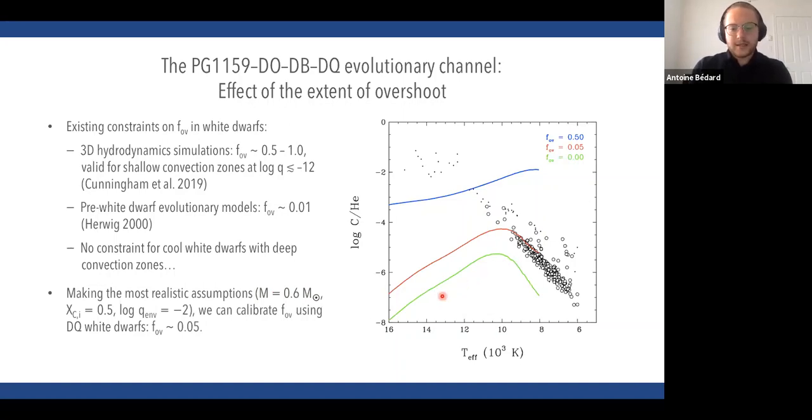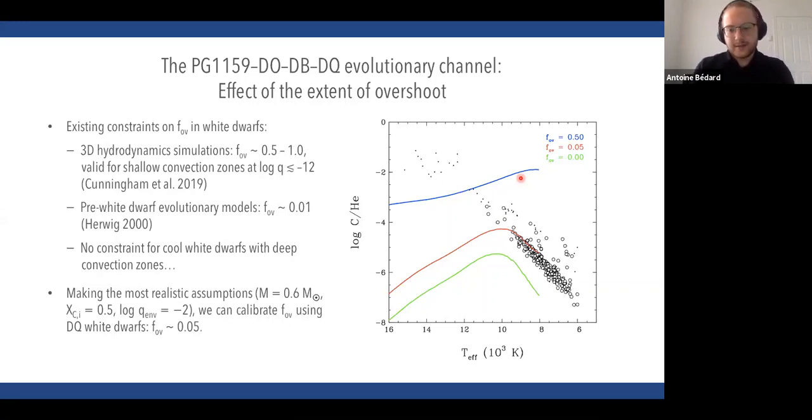The green line is for 0 overshoot. The red line is our reference simulation with F of 0.05. And the blue line is with a very efficient overshoot, as in the 3D simulation.